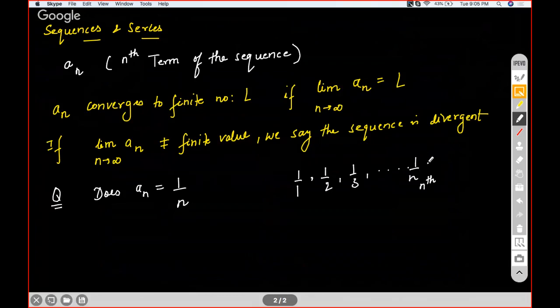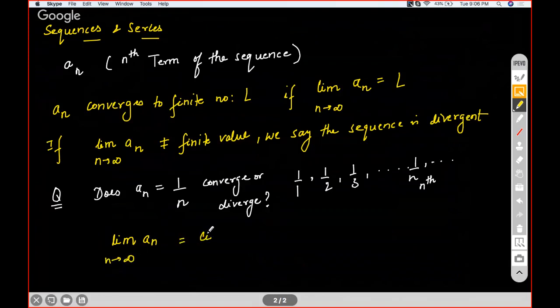That's how we represent it. So this is the sequence in which the terms are going. Now the question is, does the sequence converge or diverge? Converges. All you need to do is check the limit of a_n as n tends to infinity.